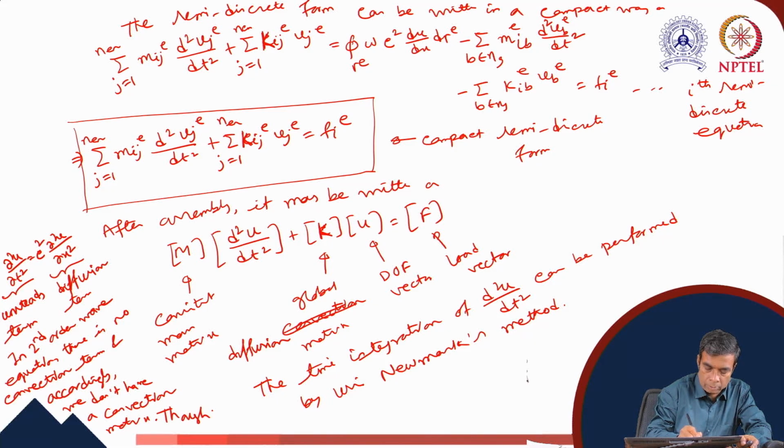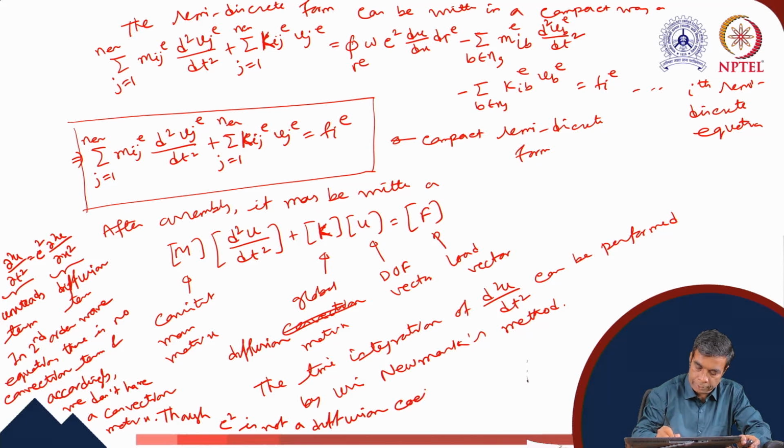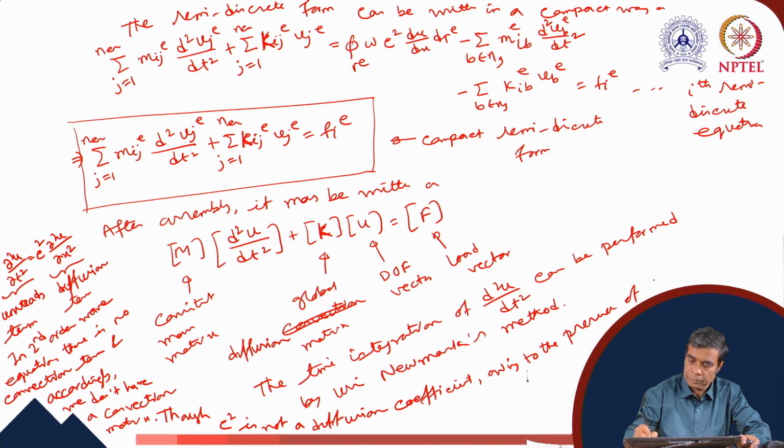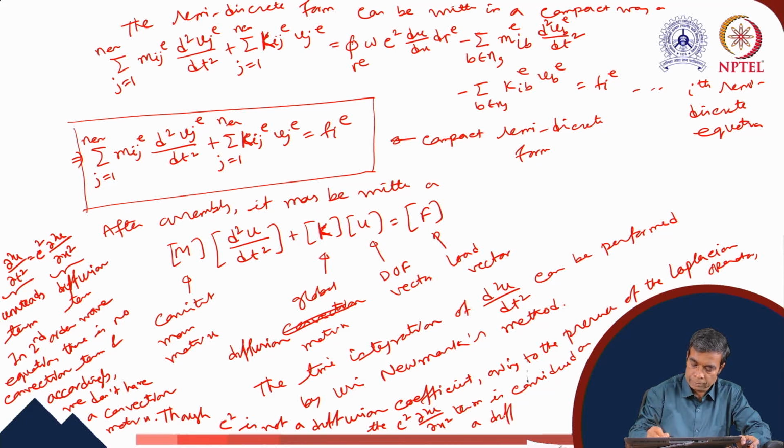Though c square is not a diffusion coefficient, owing to the presence of the Laplacian operator, the c square del 2u del x2 term is considered as a diffusion term.